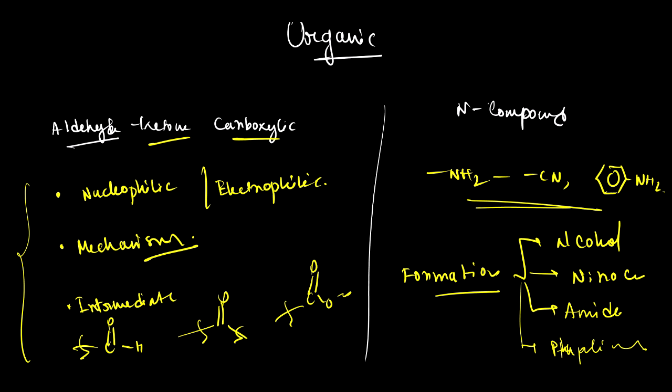So there are various processes. Then a few of the important reactions are there: diazotization reaction, coupling reactions, and how we can distinguish aldehydes and ketones, how we can distinguish aromatic aldehydes and ketones, how we can distinguish primary and secondary amines. So these are all covered in my individual video.